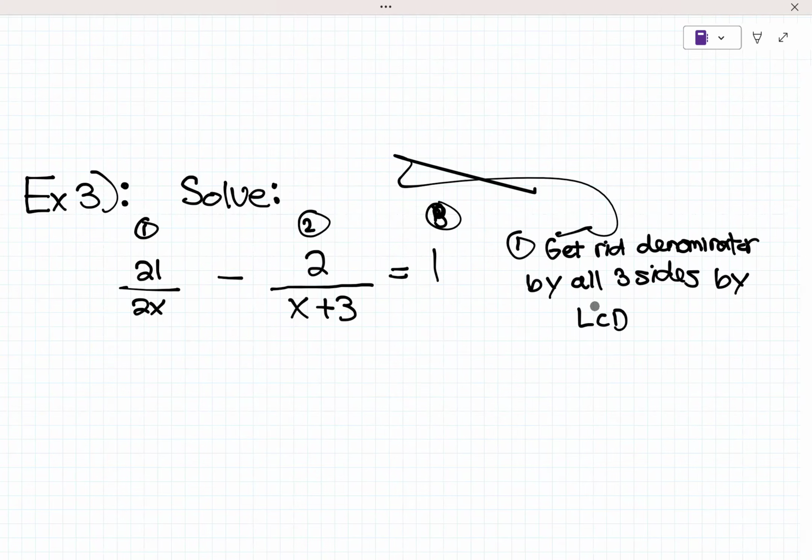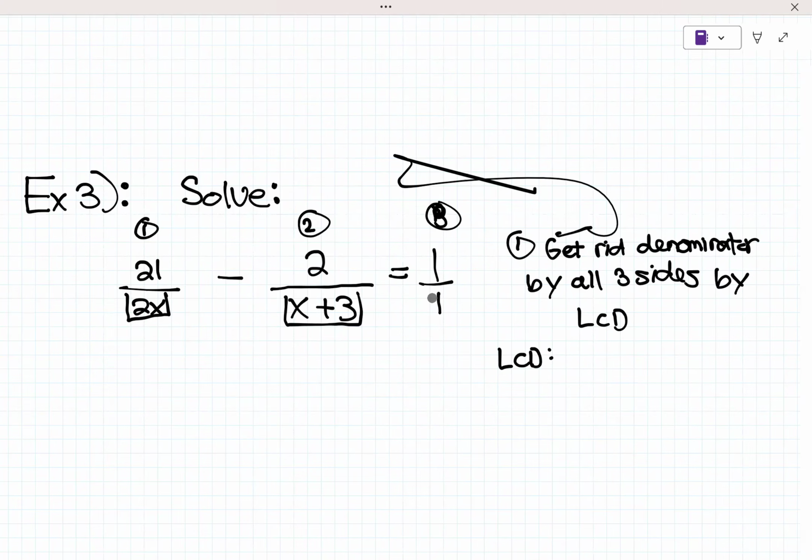This is where it can be a little bit tricky. What is my LCD? Look at the denominators. Over here we have 2x. Over here we have an x plus 3. And then over here there's an invisible 1, right?